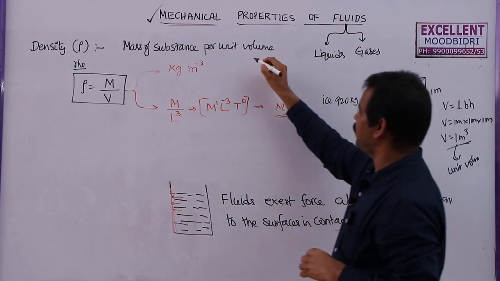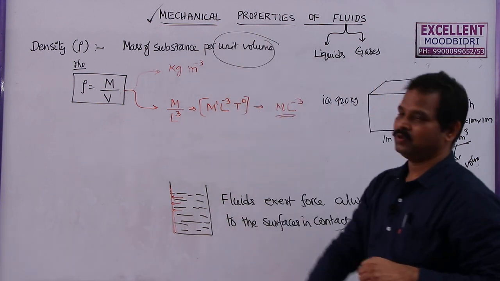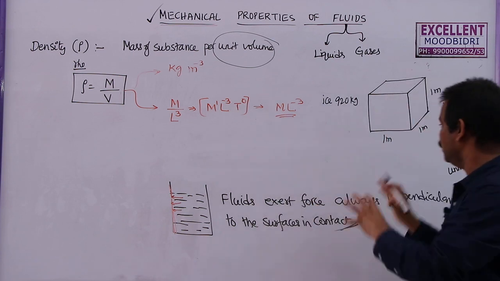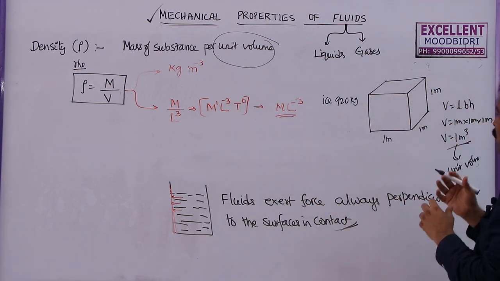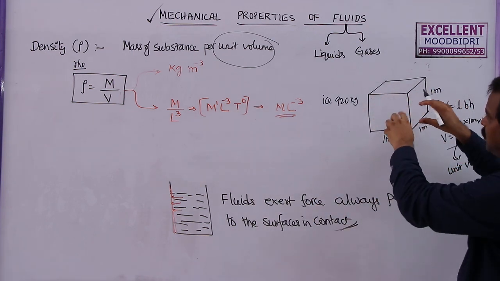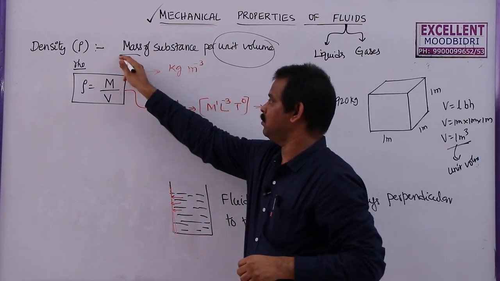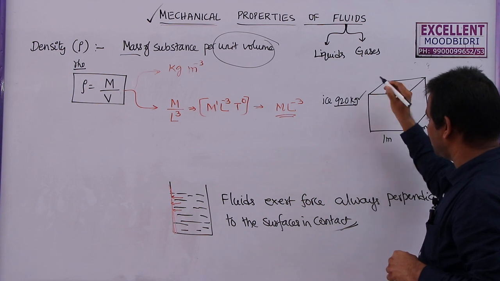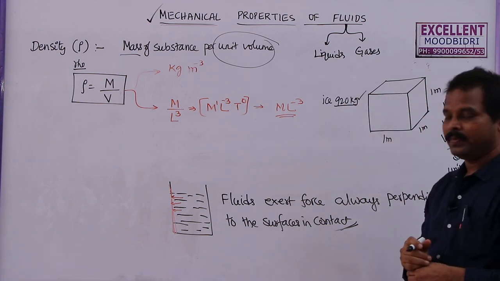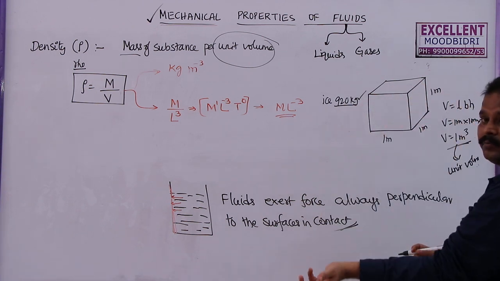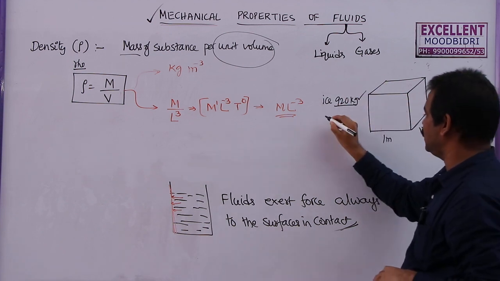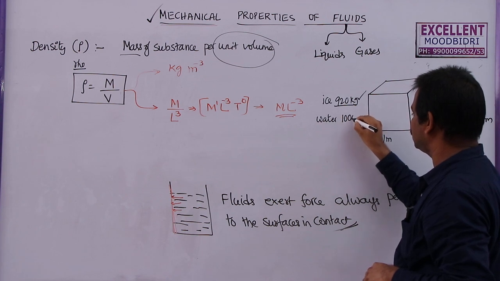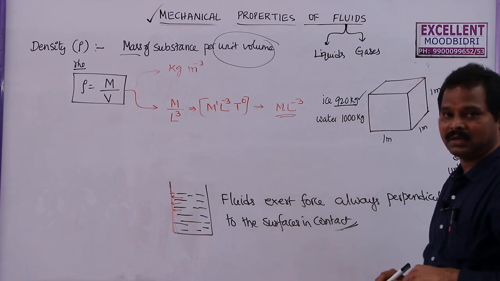While defining this, I used the words unit volume. So what is density? It is the mass of the substance per unit volume. In this unit volume, what is the quantity of matter present? Quantity of matter is nothing but the mass of the substance. It is found that 920 kgs of ice can be filled in this. Now if you remove the ice and fill this tank with water, exactly 1000 kgs of water can be filled.